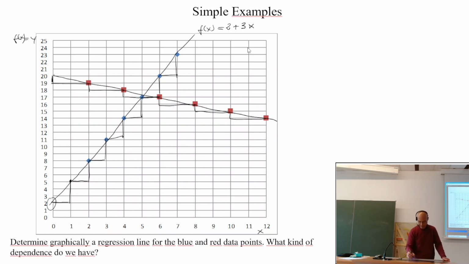That this would be then f of x equals 20 minus, and now we are going 1 down and 2 to the left, and this would be then what kind of slope? 2.5? 0.5, yeah. So 1/2 times x.